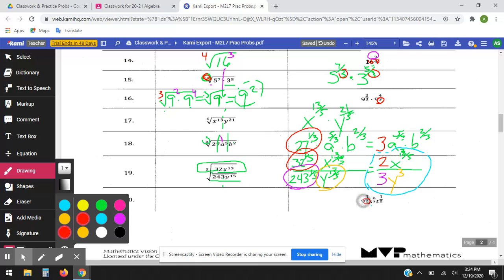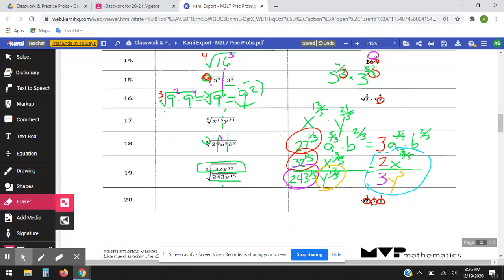Here I have a 2, here I have a 3, here I have a 2. So I need a square root and a cubed root. So I'm actually going to erase those so I can see my numbers easier.